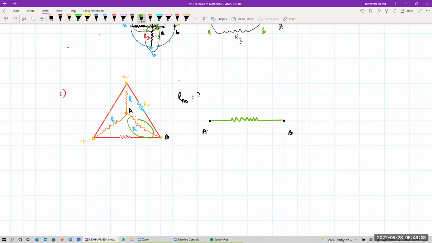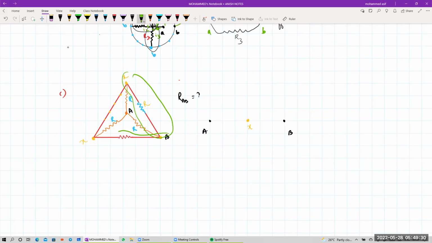Okay, between A and X there is a resistance, meaning X is in the middle. So what I'll do is, first I'll write one X value in between this one. So A and B, A has X in common, right? I've taken X at the center. B also has X, see.